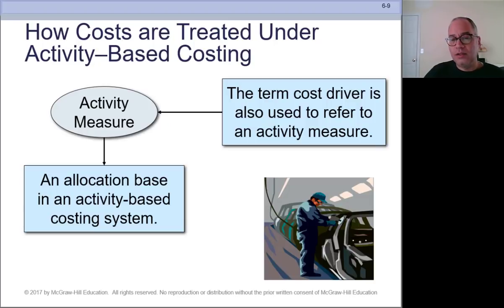Now what we're going to do is identify different activity measures, and for each activity measure, we're going to create an allocation base and then use something called a cost driver to refer to that activity measure, because the cost driver is what you think causes the cost to occur.